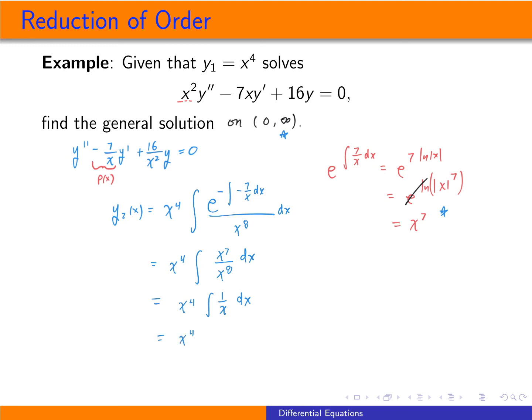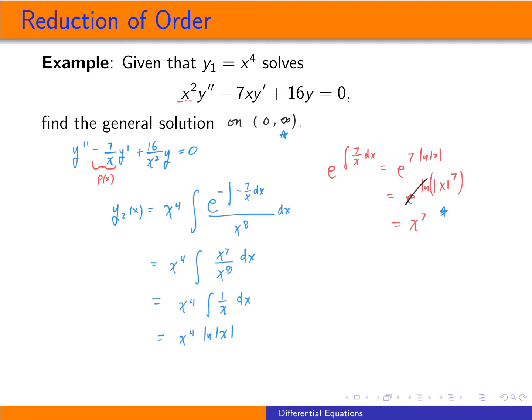So it did look difficult at first, but once we take care of that integral and substitute in the specific function, it should be something that we're able to work with. And remember, when you are using reduction of order, this is one of those scenarios where we do not need an additional constant.